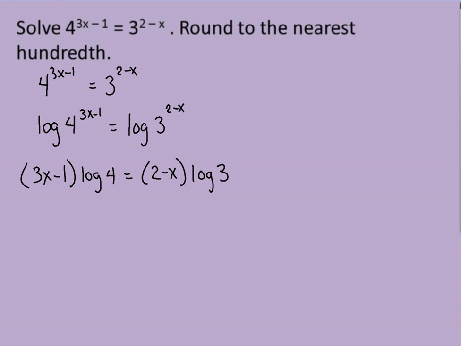Now we want to get the x's by itself. To do this, we're first going to have to distribute on both sides. So on the left, we're going to distribute that log of 4, and on the right, we're going to distribute log of 3.